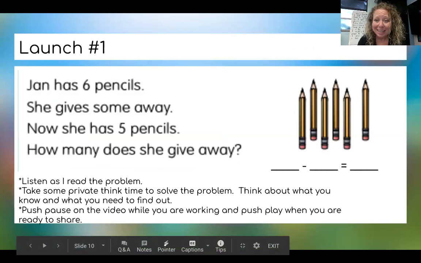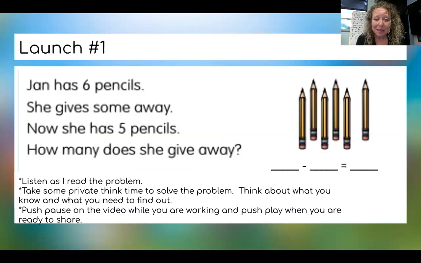All right, friends, here is your launch. So if you need to erase your whiteboard, do that now. If you need to get a separate piece of paper, let's do that now.